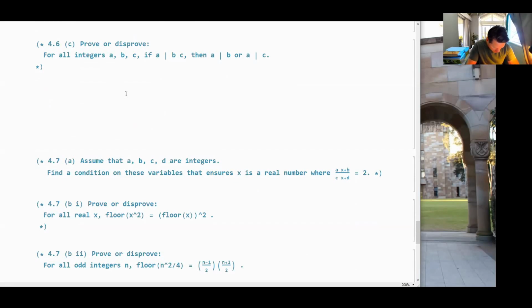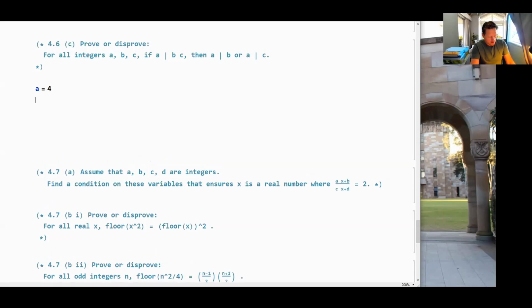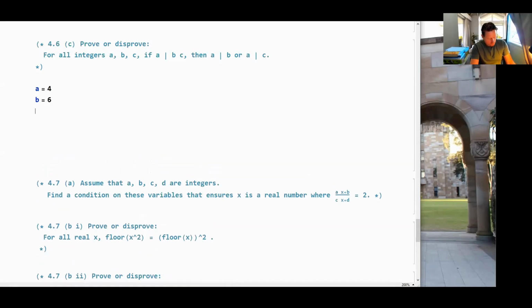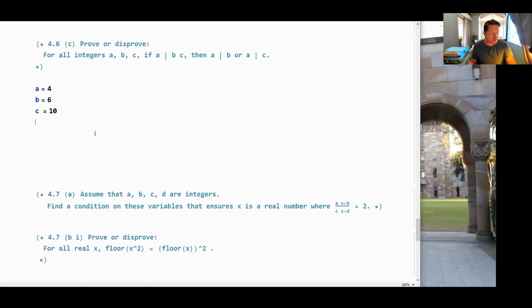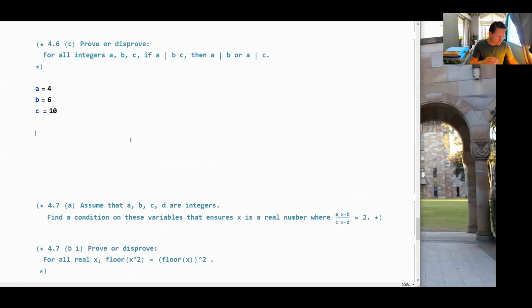So one that comes to mind, I guess, is if you put a equals 4, b equals 6, and c equals 10. Now I've chosen that carefully because right here I have something that goes into parts of each of them, right? So what we see then is that a divides 6 times 10, which is 60.